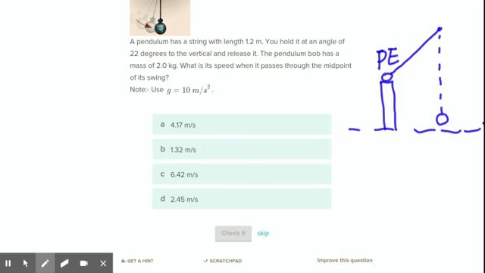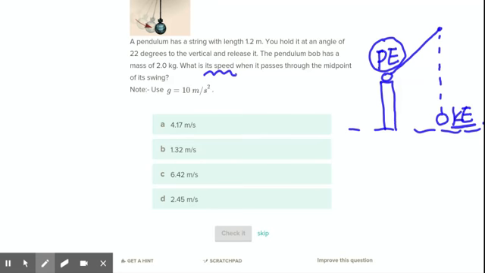When it's at the lowest point, you will only have kinetic energy. So it's the same type of problem as earlier. You have to find out the potential energy, and then it will be equivalent to the entire kinetic energy, right? And if we have the kinetic energy, we can find out its speed.